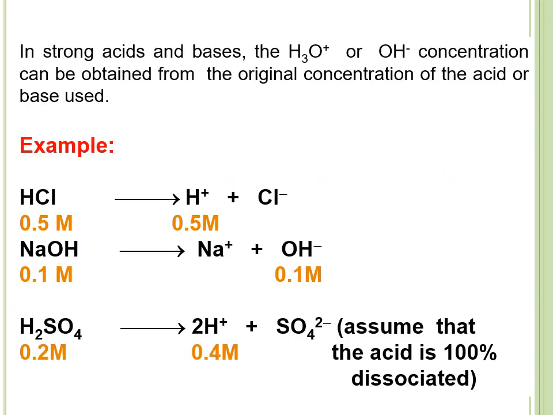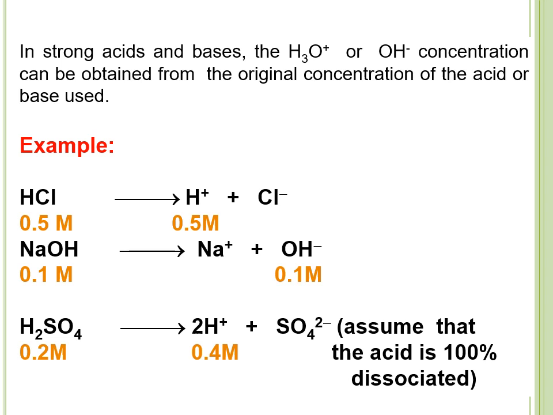In strong acids and bases, the hydronium ion or hydroxide ion concentration can be obtained from the original concentration of the acid or base used. For example, if we have 0.1 molar HCl, the concentration of H plus coming from it would also be 0.1 molar.